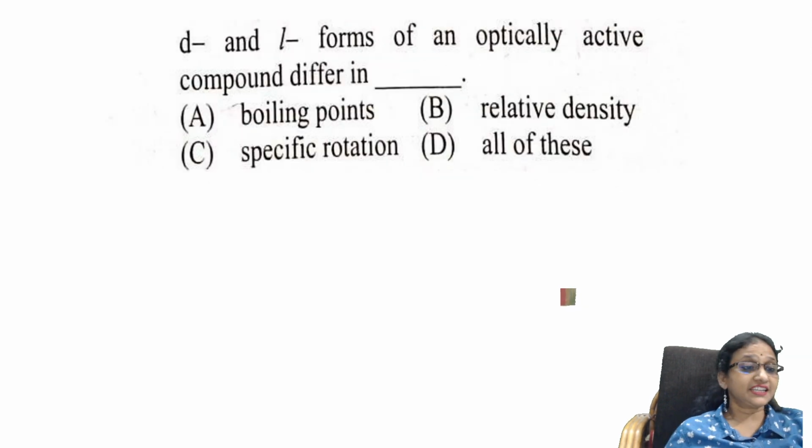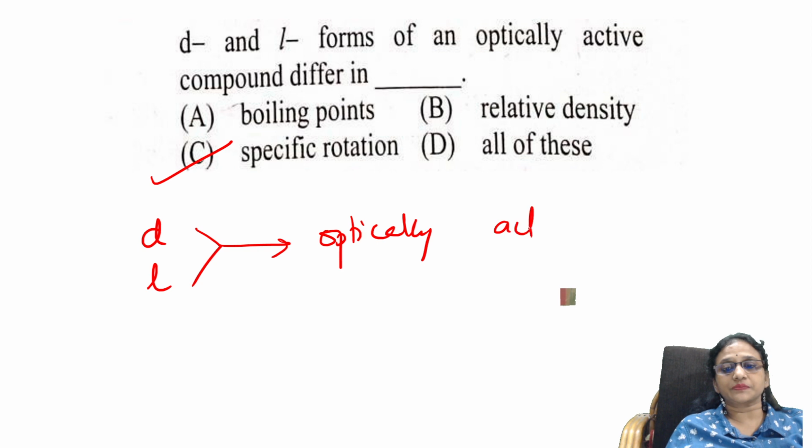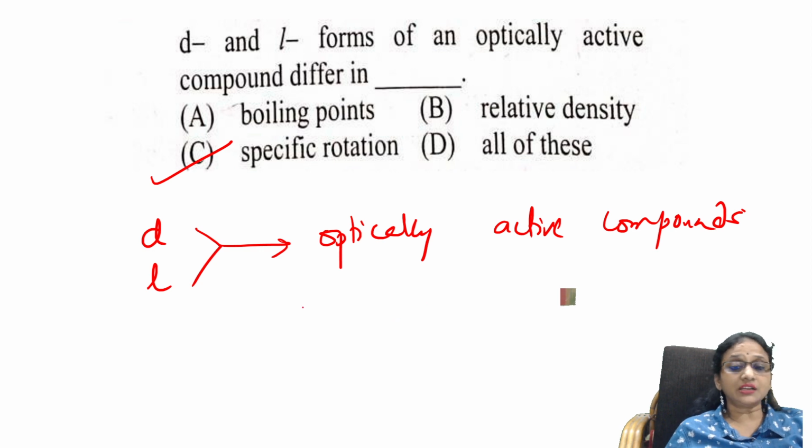DL forms a what? Important, students. DL forms a specific rotation. Remember, whenever somebody says DL forms, it is used for optically active compounds. These optically active compounds rotate plane polarized light either to the right, D form, or to the left, L form.